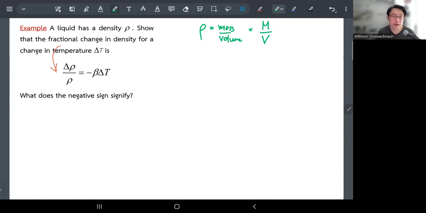Now we would like to find out what is the change of this density with respect to temperature. I just want to attack this problem head on, without any complex thinking. I'm going to use a little bit of calculus right here.